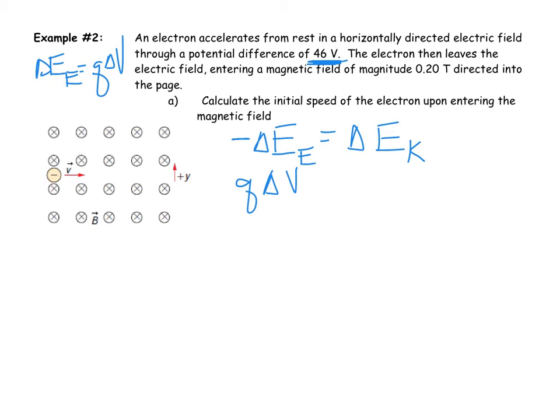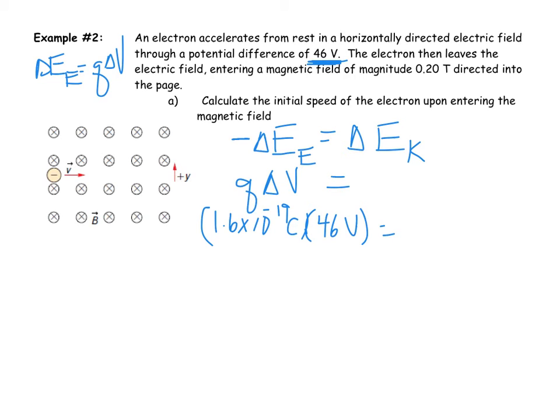In this case, I'm looking at an electron, so the charge on an electron, you'll remember, is equal to 1.6 times 10 to the power of negative 19 coulombs. Remember Mr. Millikan? And of course, I have my electric potential difference of 46 volts.